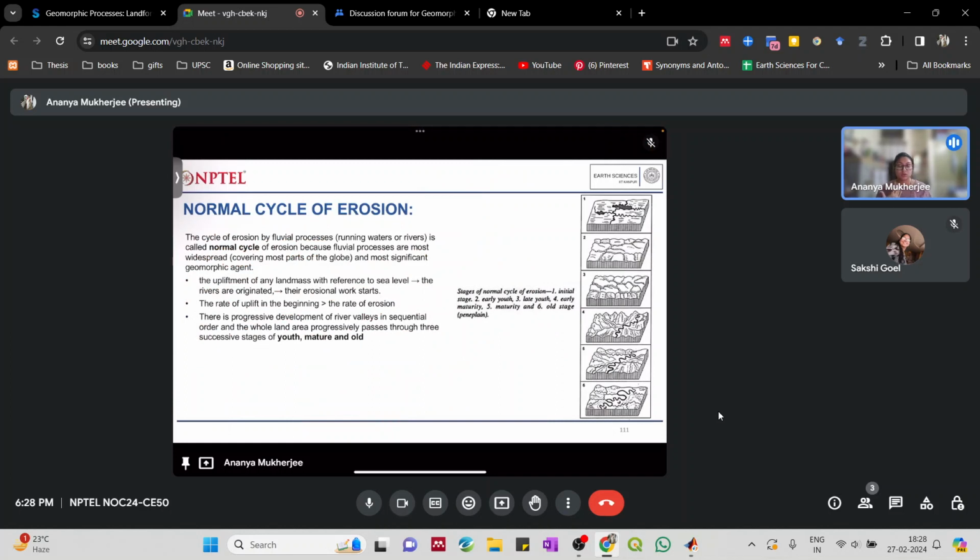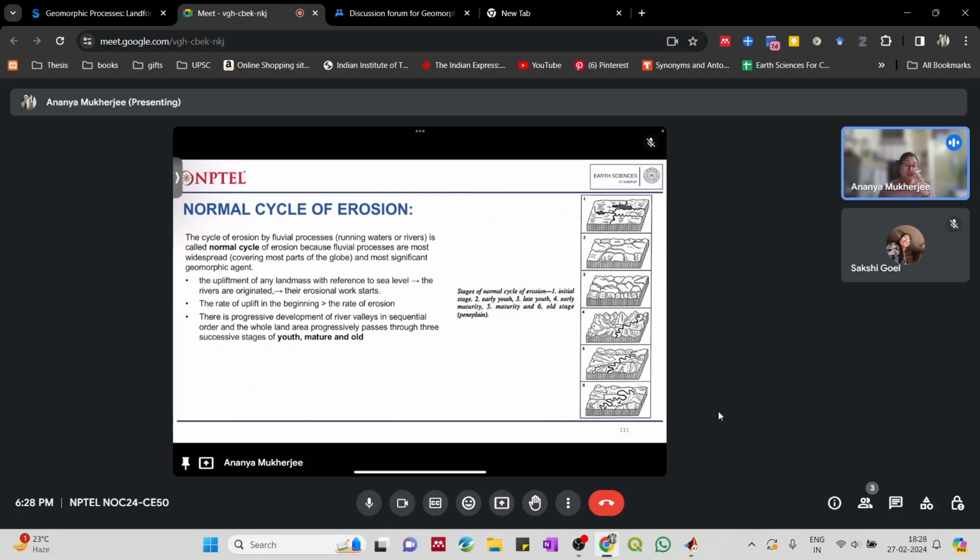So the normal cycle of erosion, what is understood by that is the cycle of erosion by the running water, because the normal cycle of erosion can be mostly associated with the erosion that is carried out by the running water or river.